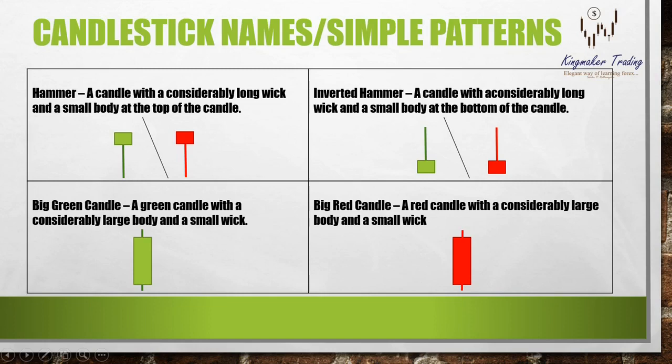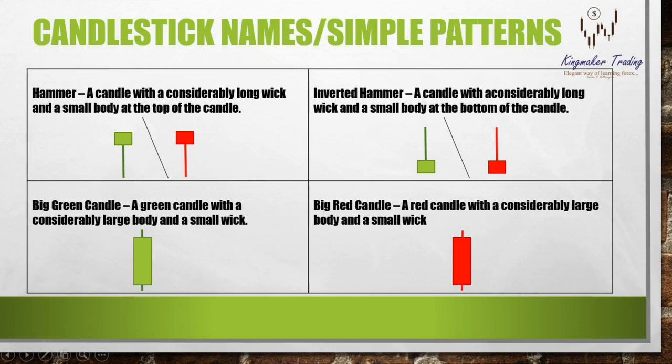Big green candle, a green candle with a considerably large body and a small wick. Okay, these types of candles are often formed in a trending market. So if this type of candle is formed, it means there is high momentum in the market to the bullish side.